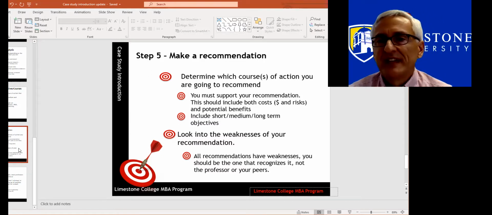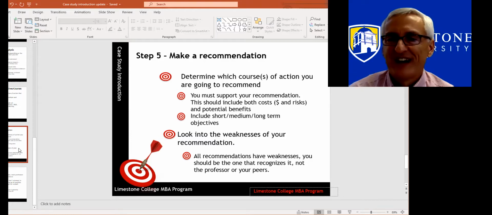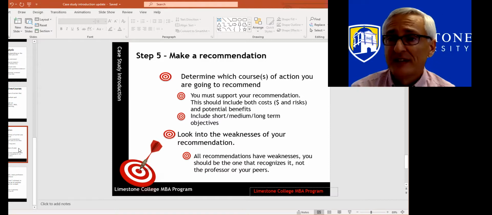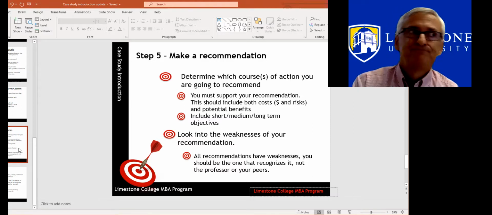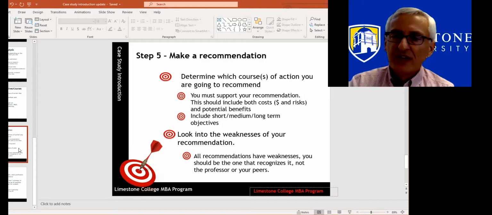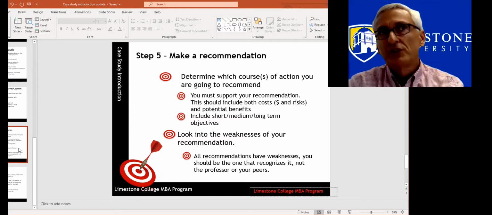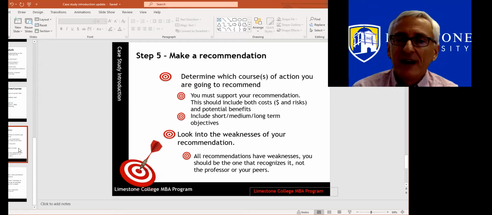One of the biggest things is most recommendations have weaknesses or risk involved in that recommendation. And this is true in business too, when you're making a recommendation to your boss, it is better for you to identify the weaknesses or risks in your recommendation. Hey, there's a risk that if X happens, either this revenue could go down, or these expenses could go up, whatever the case may be.